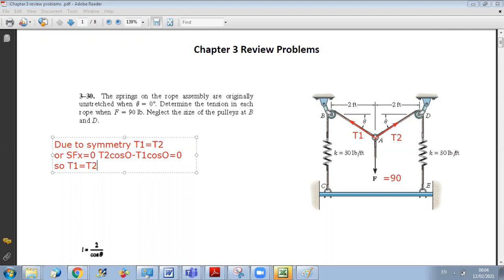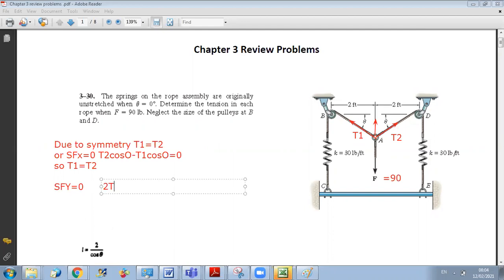The first one will be by doing sum of forces along Y. So if I do sum of forces along Y equals to 0, what do I have along Y? I have the projection of the two forces, and I have minus F. So it's plus 2T sine theta.